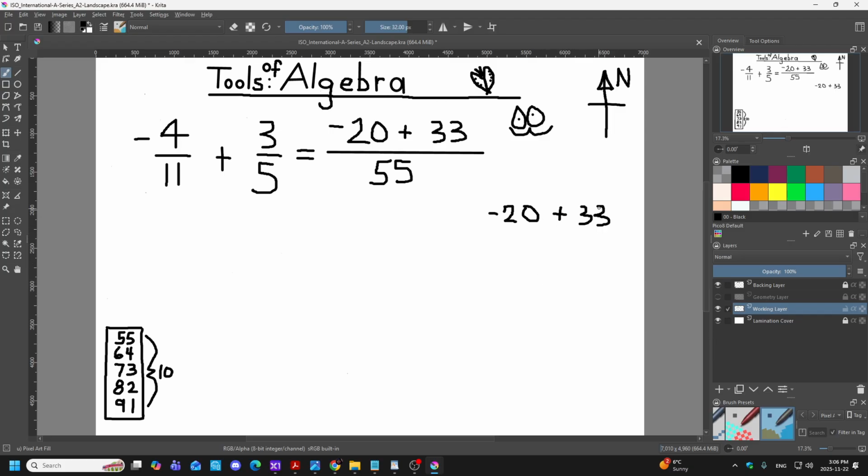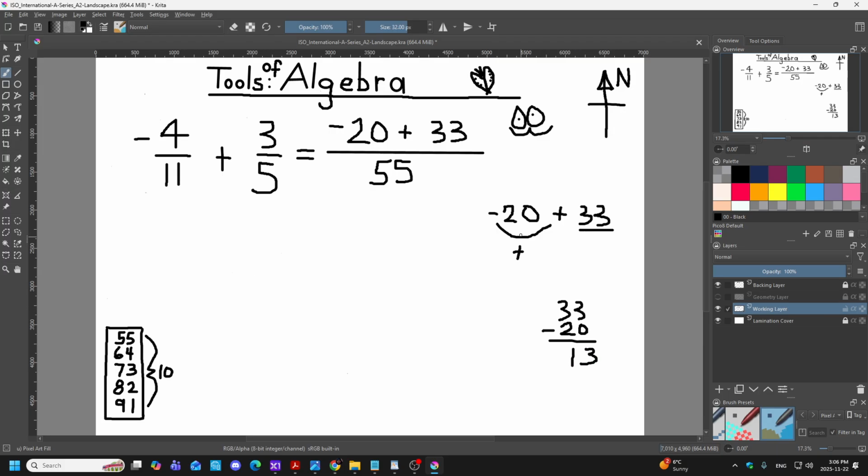So our final answer is going to be positive because 33 is the larger number, correct? So I can do simple subtraction, because I know that the signs are different. One's a negative, one's a positive. 33 subtracting 20. We get 3 and 1, right?